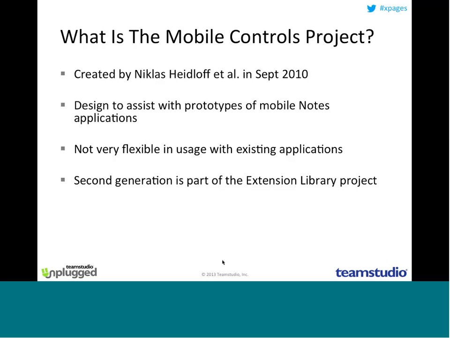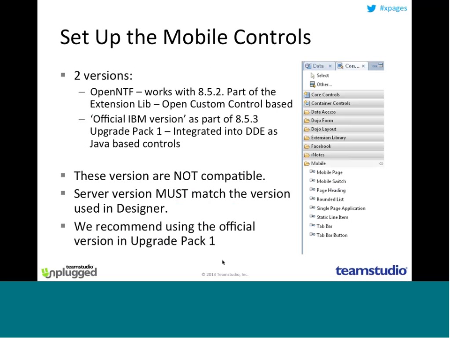Now, the thing is, there are two versions. There's a version that comes with Upgrade Pack 1. As I said, that's the official supported version. And there's also the version in OpenNTF, which is part of the extension library, which obviously is more evolved because people are touching that more often, so bugs get fixed faster and features get put in a little bit quicker.